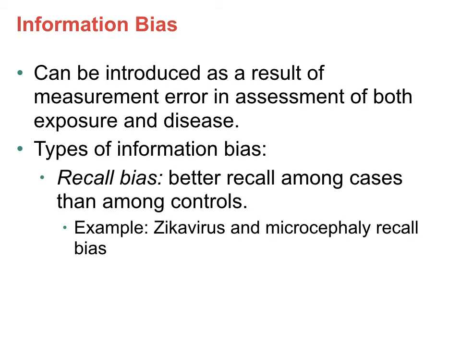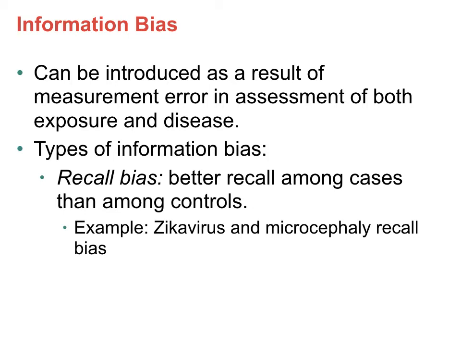Take Zika virus, for example. Zika virus, I know it was on the exam, is a type of virus with an outbreak in 2015, 2016. It was a vector-borne infection spread through mosquitoes biting people. We saw microcephaly, an abnormally small head among newborns.